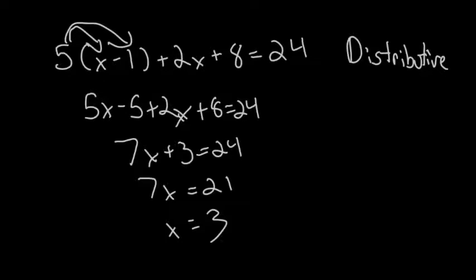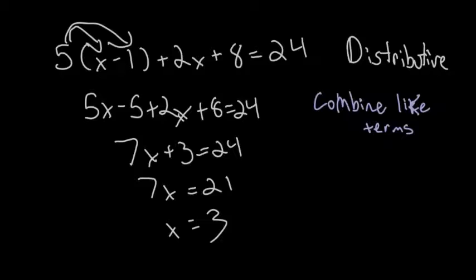The second one, we had the 5x minus 5 plus 2x plus 8, and we turned that into 7x plus 3. So in that case, we combined like terms. Next, we have 7x plus 3 equals 24, and we turn that into 7x equals 21.